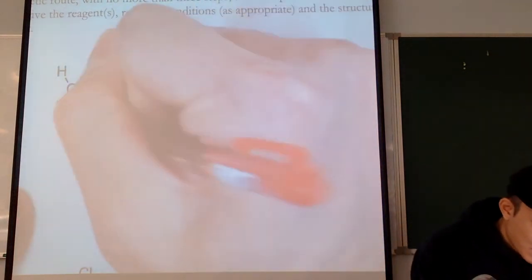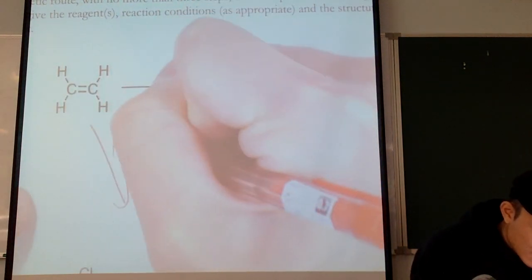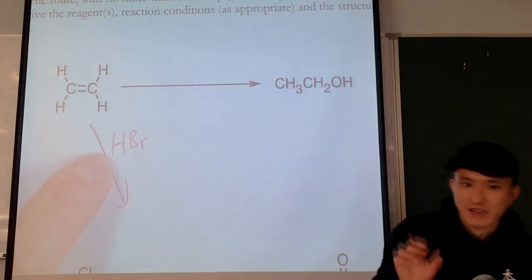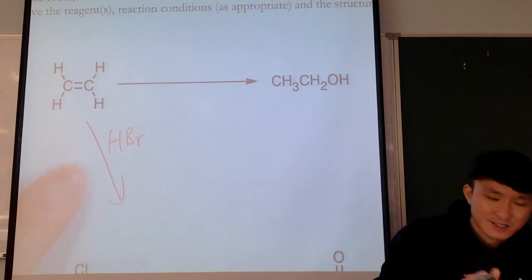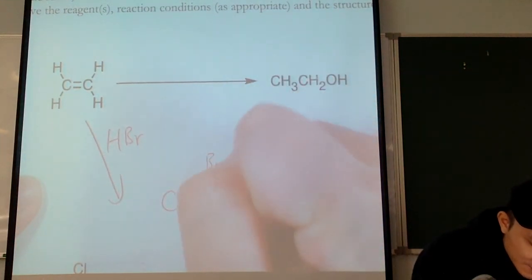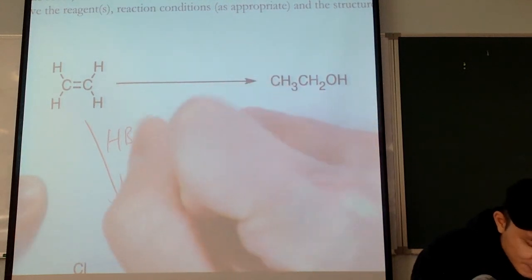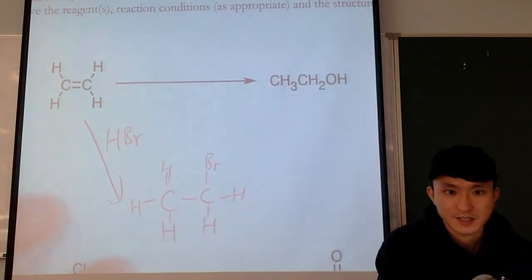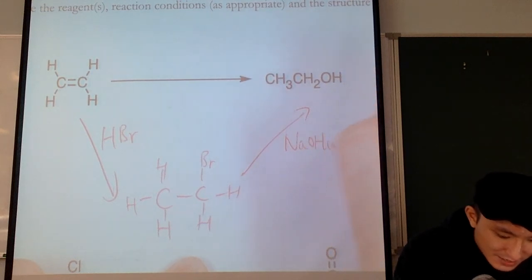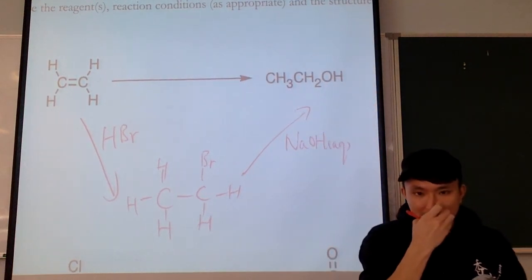Okay, so I will first react with HBr, for example. Now use the actual reagent. You don't use HX, right? Use the actual reagent. So I will form a haloalkane. All right, and then I will undergo a substitution reaction with sodium hydroxide, and boom, that would be the answer.